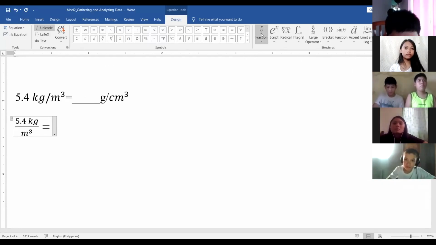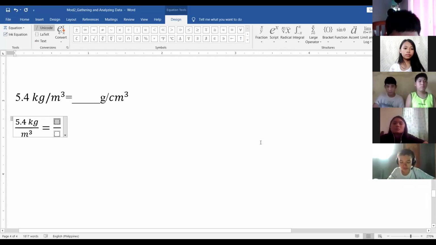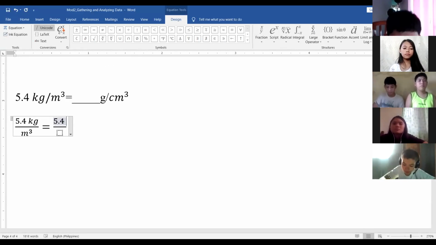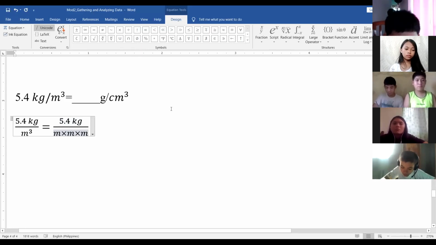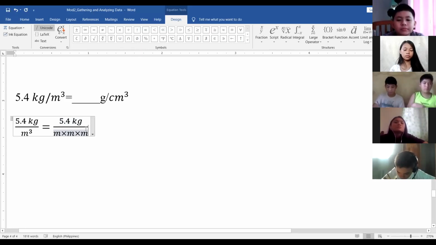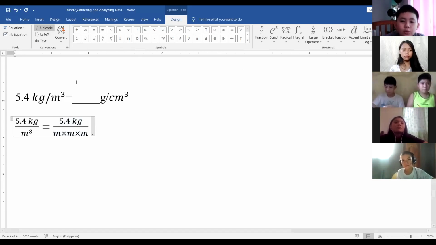We express the meters cube separately. So we have here 5.4 kilograms, and then the meters cube, we have meters times meters times meters. There are 3 meters that we're going to eliminate. Probably the value here is 1. 1 times 1 times 1 is still 1. Okay? Get it?